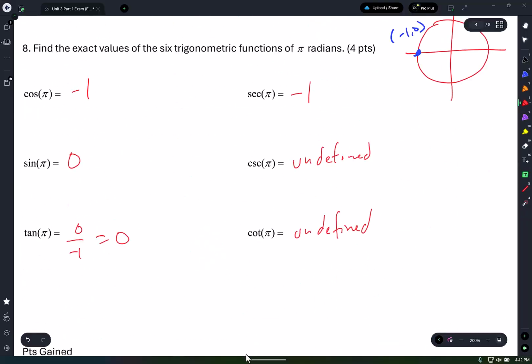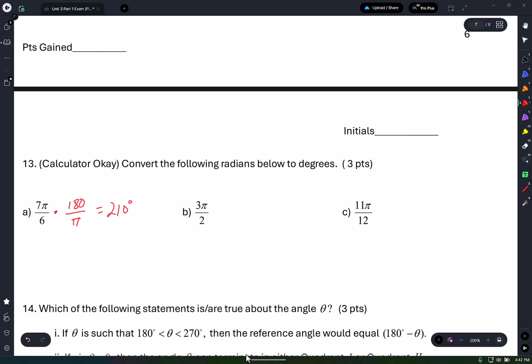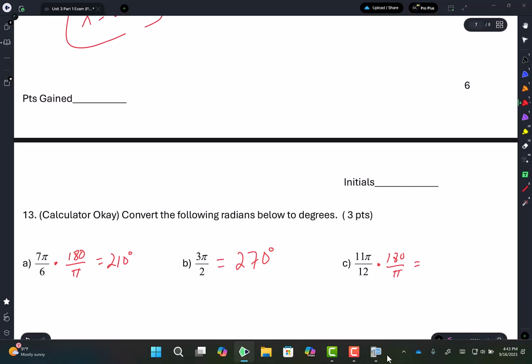What's the other one? 3 pi over 2. That is equivalent to 270 degrees. 11 pi over 12: take this number, multiply by 180 over pi. You're pretty close to 180 because 11 over 12 is almost a whole pi. So let's see what that is.